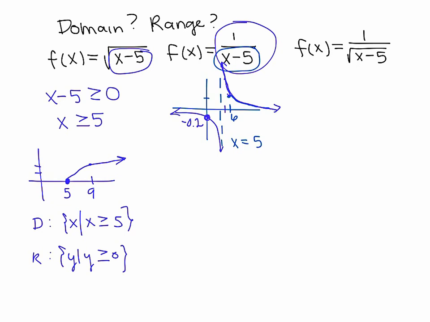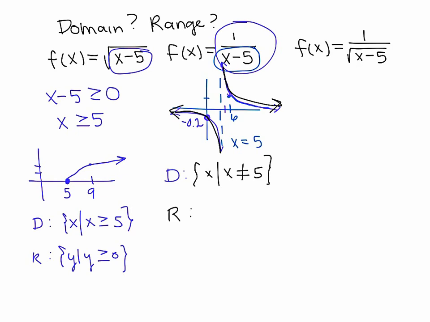So now the domain would be all of my possible x values. It's going from negative infinity all the way really close to 5, and then from 5 all the way to positive infinity. So x is defined everywhere except when x is equal to 5. So x such that x is not equal to 5 will be my domain. In other words, x is all real numbers except for 5. How about the range?